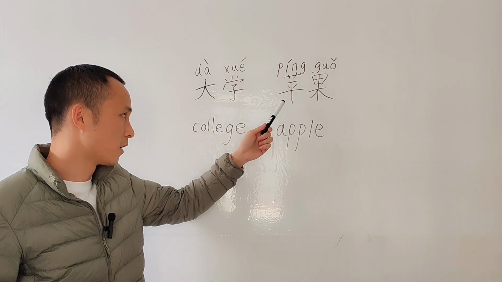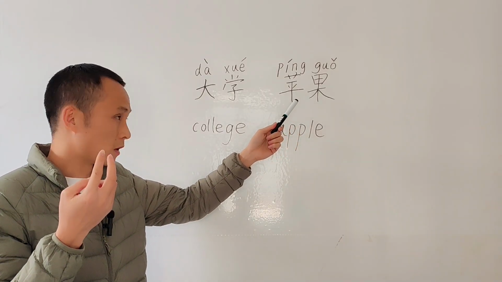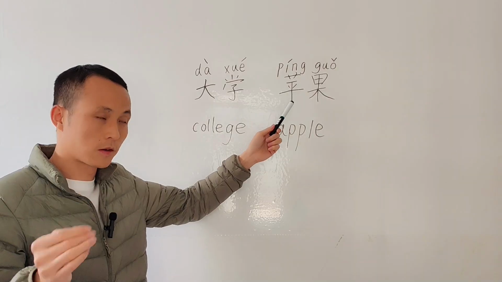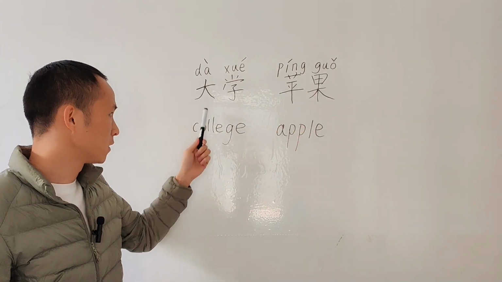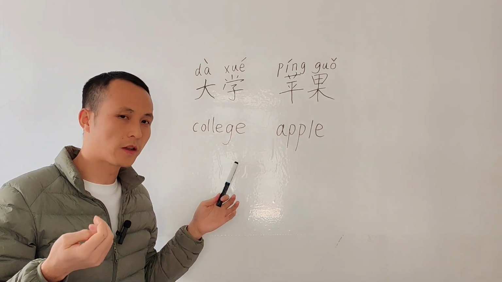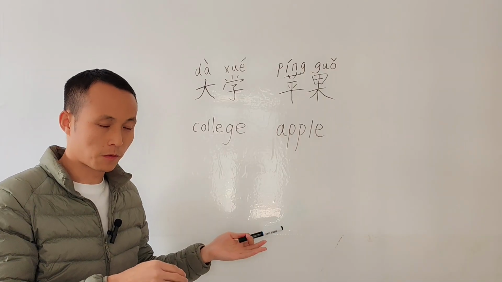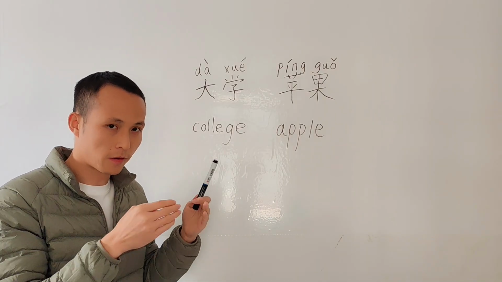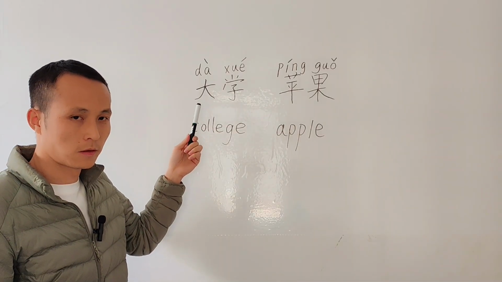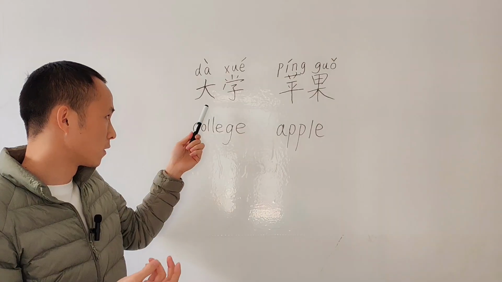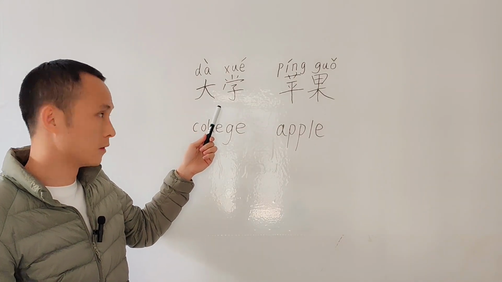And translated into Chinese it's 苹果. That's two Chinese characters, right? 苹果, apple. College, 大学. So you should be aware that most Chinese phrases or words come in two Chinese characters.